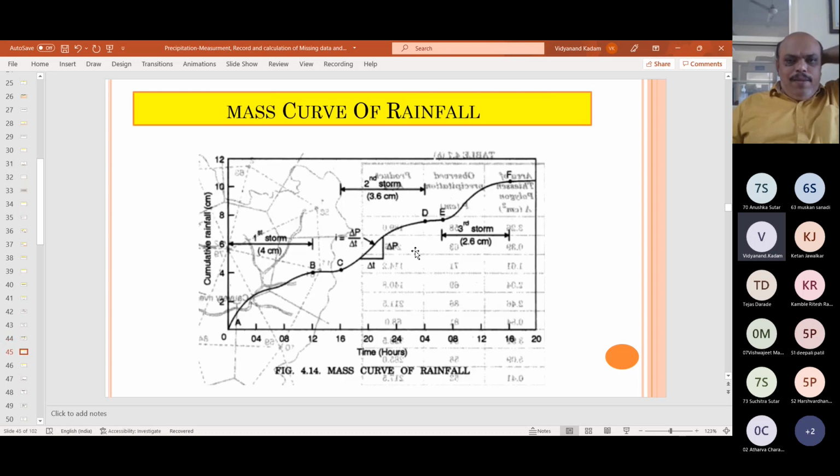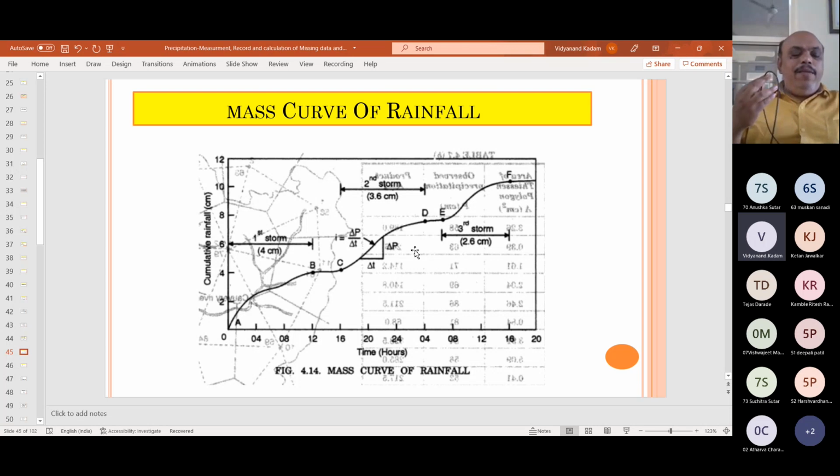Now, after this, we will discuss the term mass curve of rainfall. This mass curve of rainfall is the output of recording type rain gauges. We have learned about recording type rain gauges. We know that in recording type rain gauges, some mechanism is there to record the rainfall, and with the help of this mechanism, rainfall is recorded.